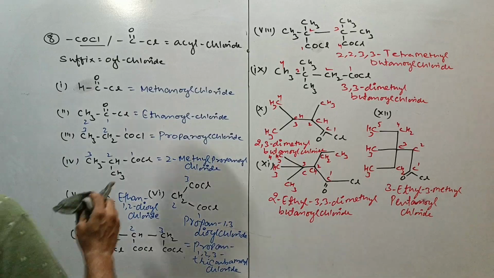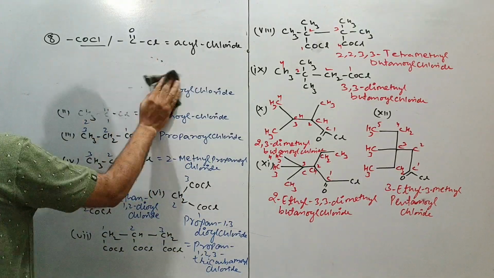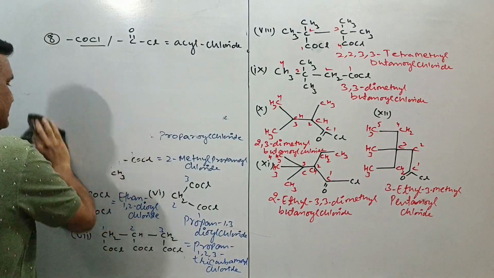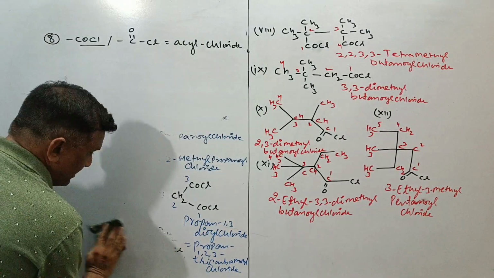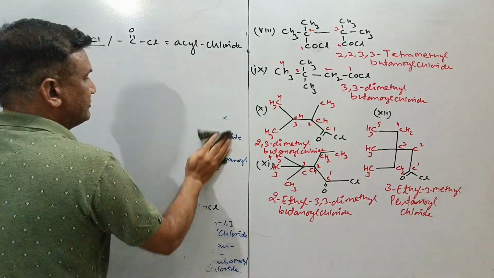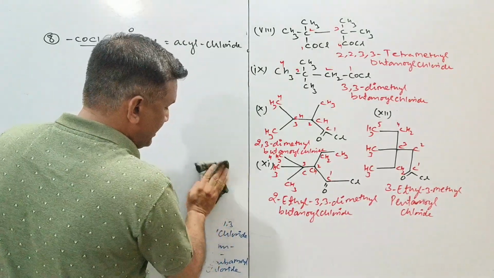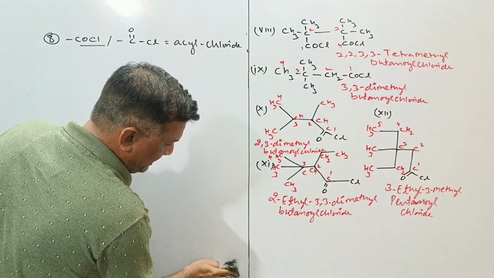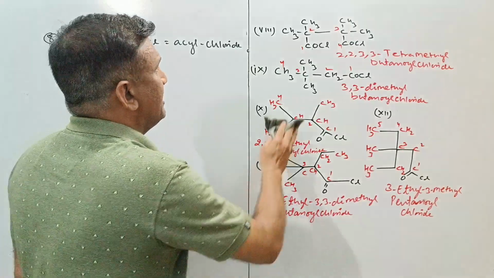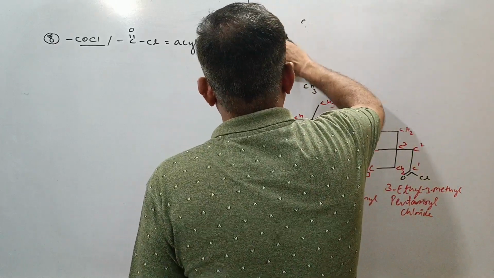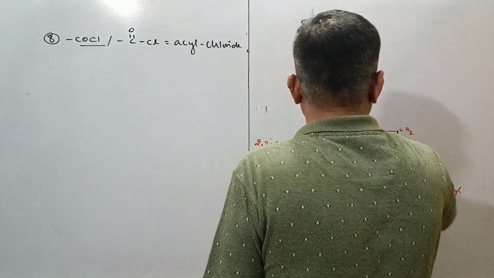Now it's time to discuss the third function group, which also contains carbon. What is that? Listen to me carefully. In sequence, it will be the ninth group, after your alkane, alkene, alkyne, polyene, polyyne, alkenyne, carboxylic acid and oyl chloride.